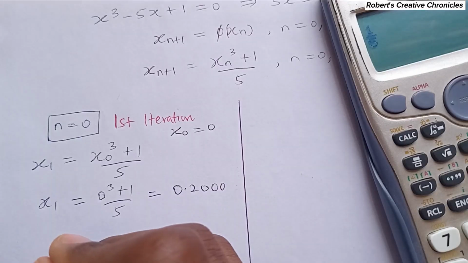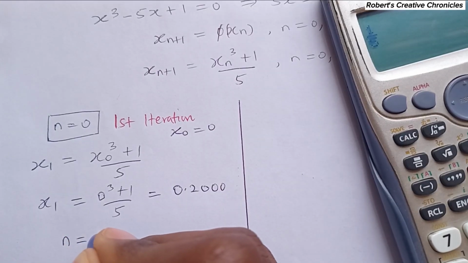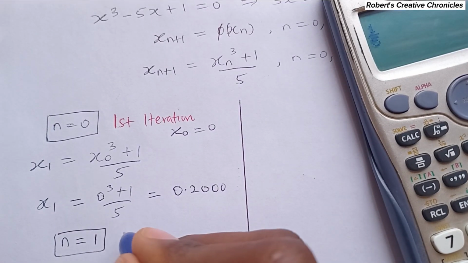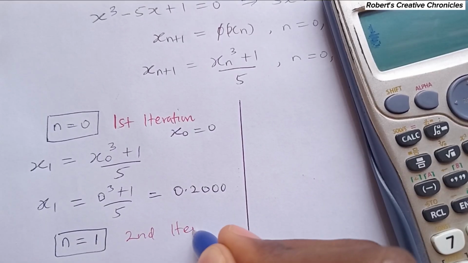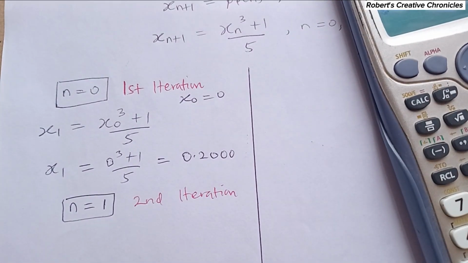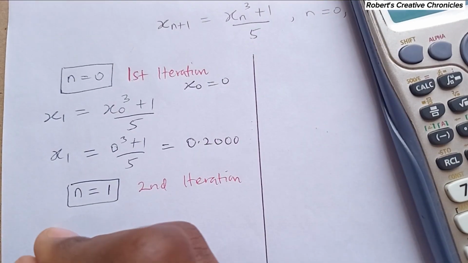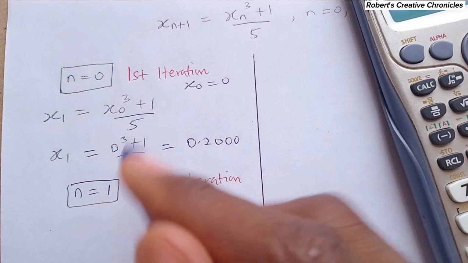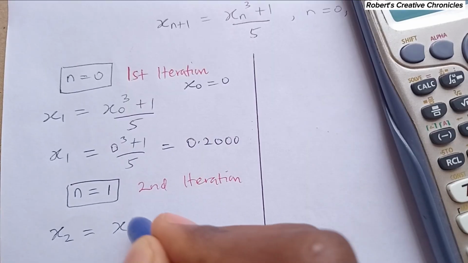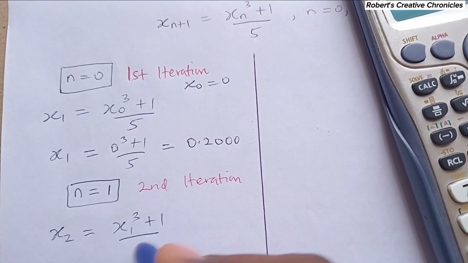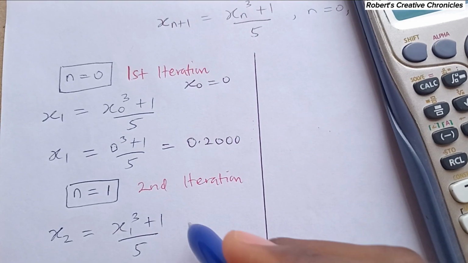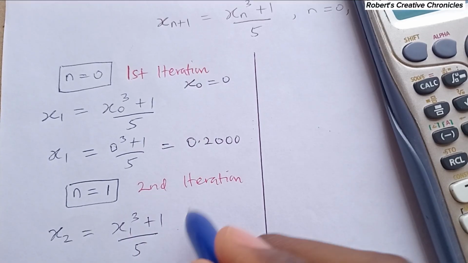So now the second iteration, n is equal to 1. When we substitute it in this equation, it will be 1 plus 1, which is 2, equals x1 cubed plus 1 over 5. So this will become what?